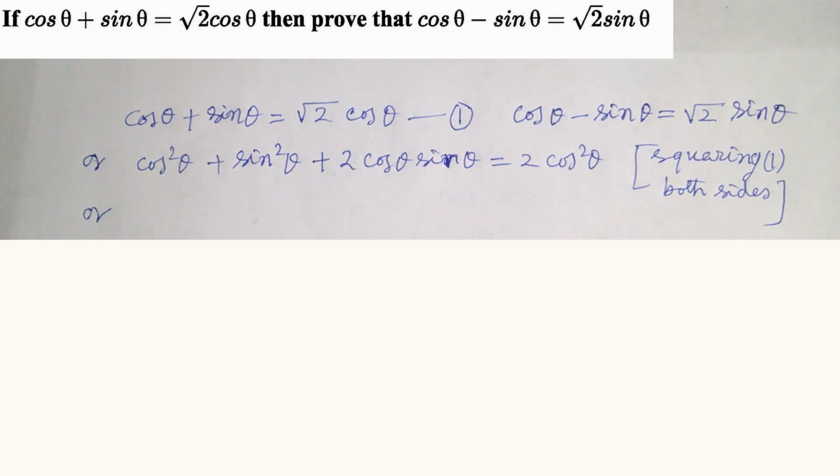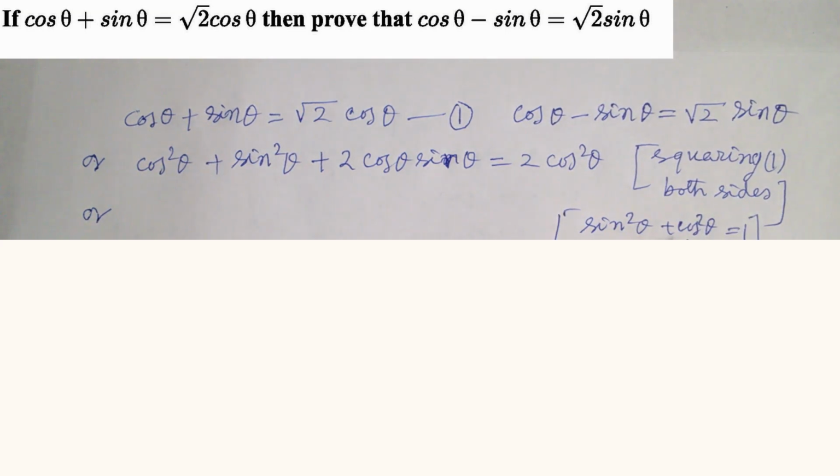Now see, use the formula sin square theta plus cos square theta is equal to 1. This formula is from trigonometry, or it can be cos square theta plus sin square theta is equal to 1, as here cos square theta plus sin square theta.